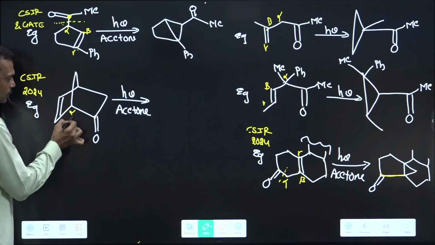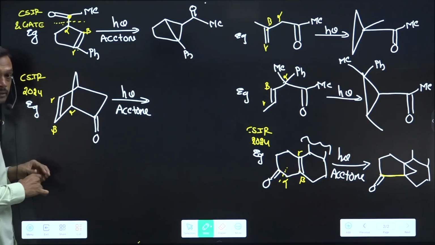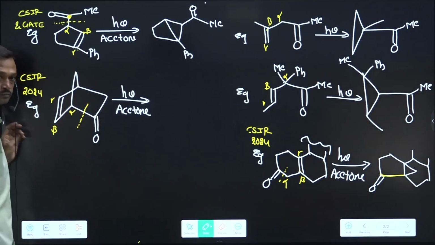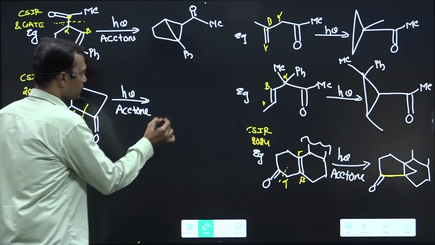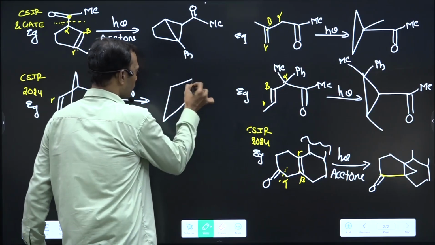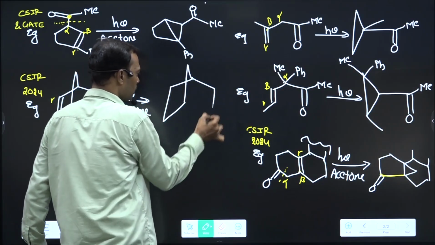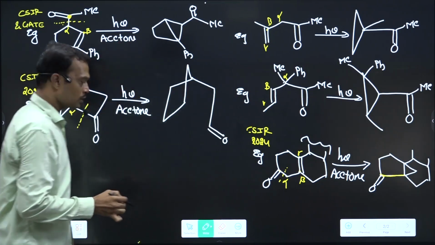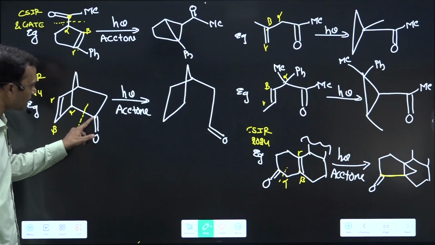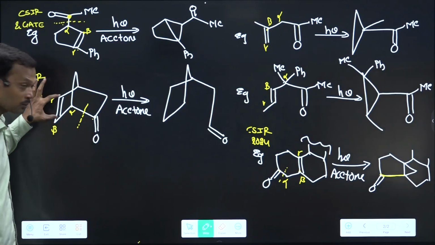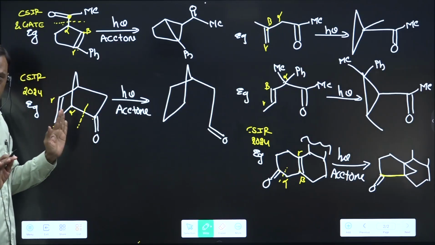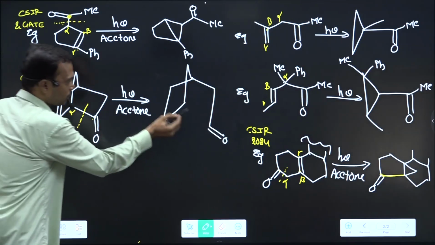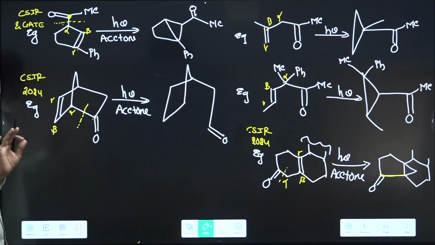Is it alpha? Here beta, gamma. Where should I break? Alpha and carbonyl. First you break this, remove this bond. First remove the bond between alpha carbon and carbonyl. Then remove the double bond. First you remove these two bonds, the carbonyl carbon and alpha bond. First I removed this. Then remove the double bond. Then joining, simple joining.